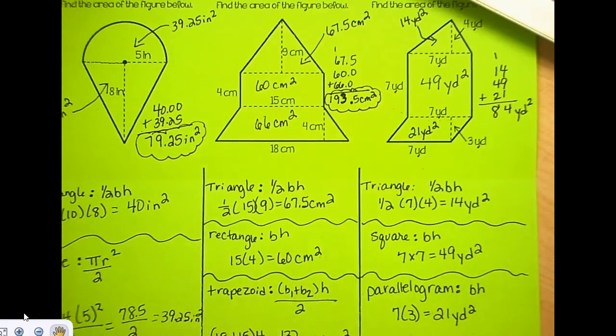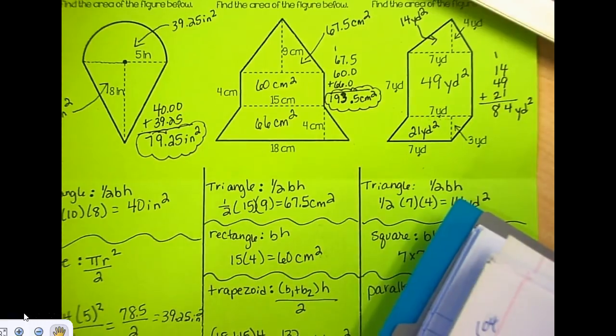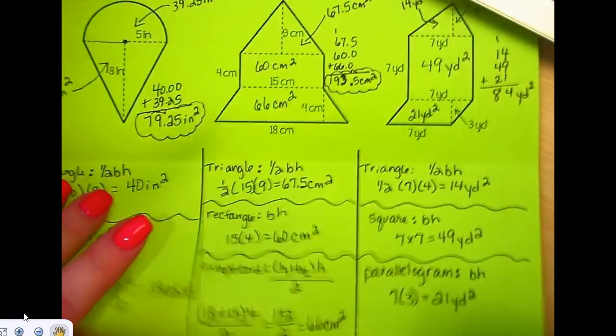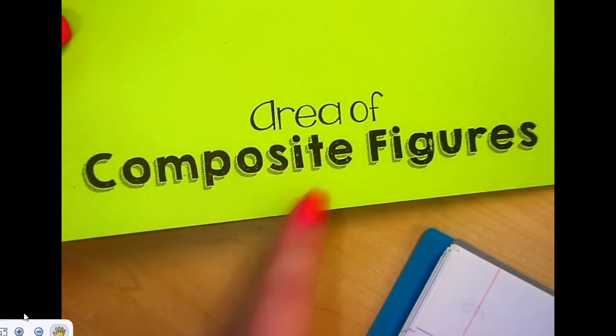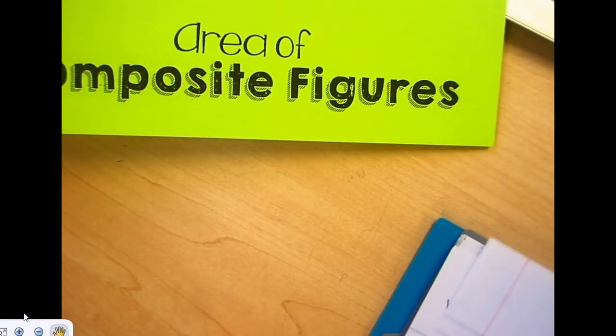Questions? Okay, so we can fold that up and put it on page, are we on 107? If memory serves me, it should be page 107. What do you think that we're going to call it? Area of composite figures. That's what you're going to put in your table of contents.